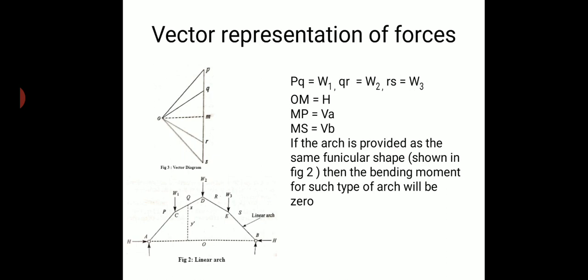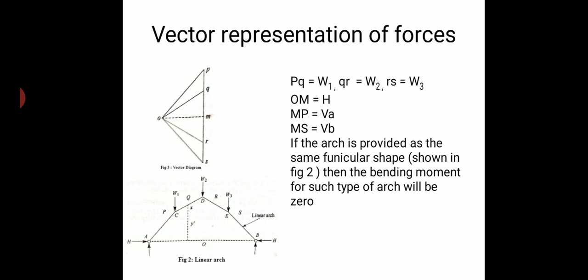OM represents the horizontal thrust; since the horizontal thrust magnitude is the same at both supports, it is represented by a single line. MP represents the vertical reaction at A, that is VA. MS represents the vertical reaction at B.